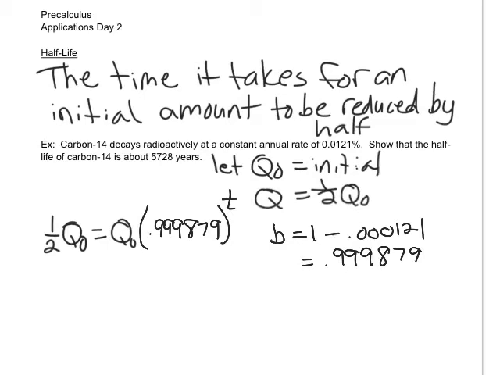What I'm going to do here is solve for the value of t for the half-life, and hopefully it's going to come out to be roughly 5728 if I do this correctly. My initial quantity goes away; we don't care about it. I have 1/2. I'm going to put that as 0.5 because it's easier to write. 0.5 is equal to 0.999879 to the t.